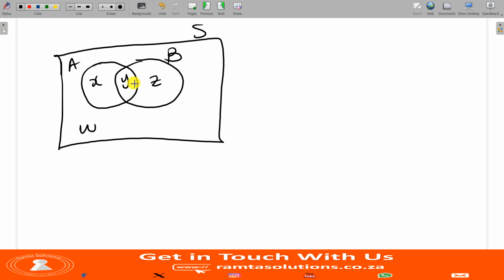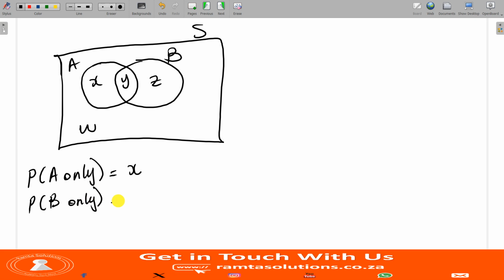X, Y, Z, and W are probabilities. If they ask, what is the probability of A only? A only means whatever you're looking for that you cannot also see in B. It will be X. In the same way, what is the probability of B only?